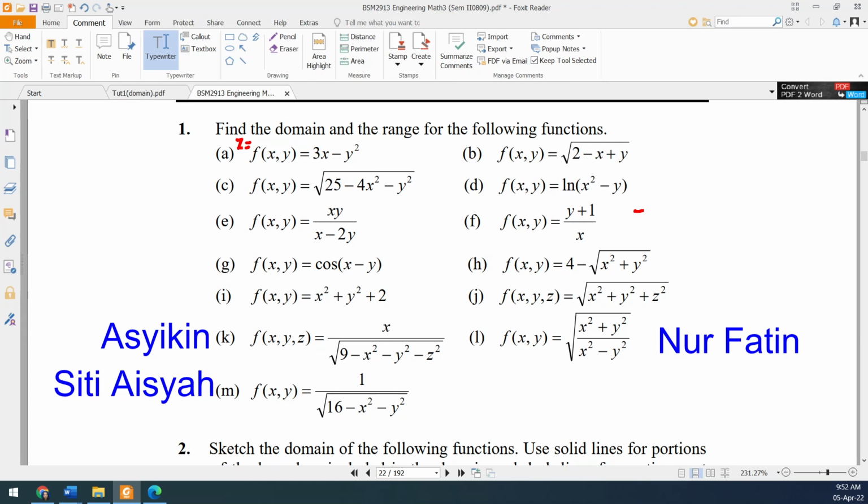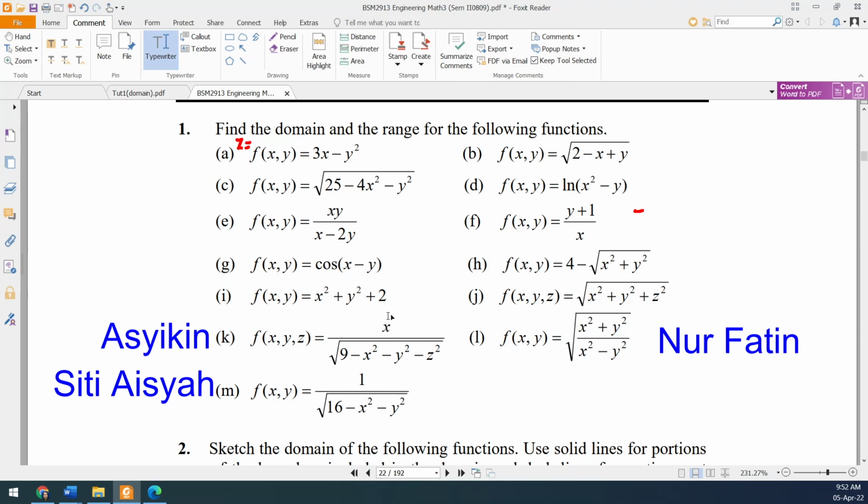Okay, how about the range? All the variables are members of the real number. Why real number?